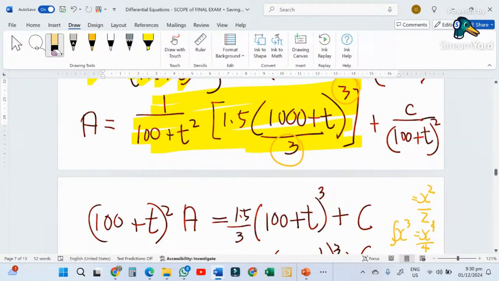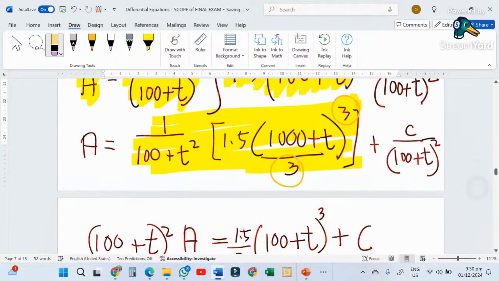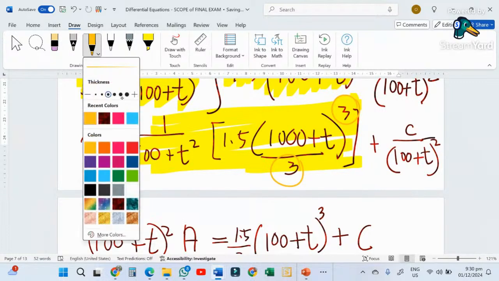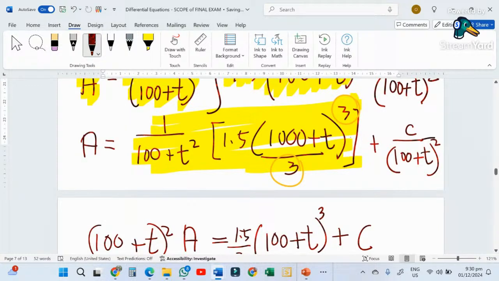So same with this. It's to the power 3 because you have a dt here. And your dt is simply dt. There is nothing that you're going to multiply with because the variable t is the sole variable inside the bracket without coefficients.